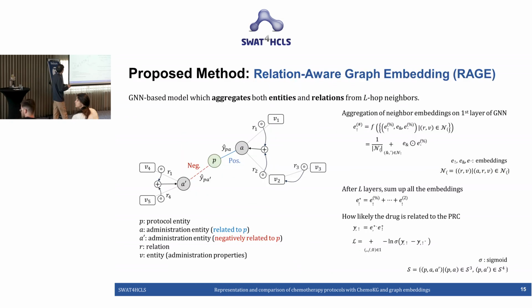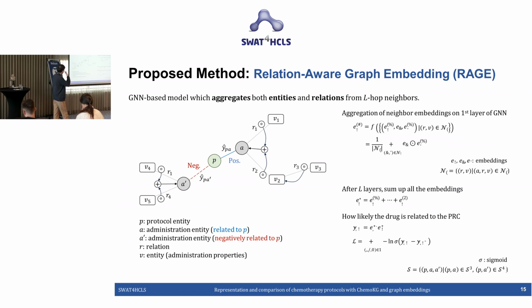This is our proposed model, called relation-aware graph embedding, or RAGE. It has positive samples, colored in blue, and negative samples, which are not actually related to protocols. The model learns to get closer to the positive samples and go far from the negative samples. That's basically how it learns.